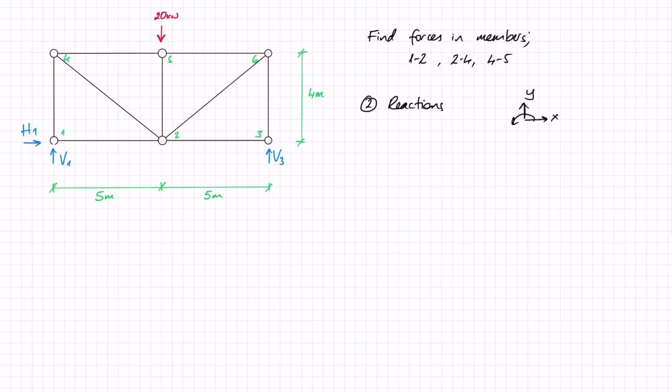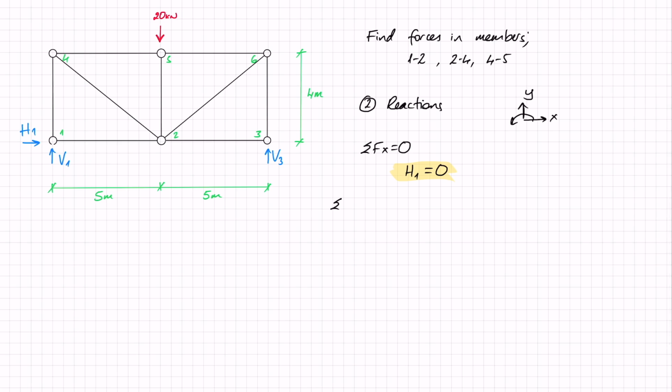After I've done that, I see that the easiest is to start off with the sum of forces in the x direction. In the x direction, I have H1, and I actually don't have any other forces, so that means that H1 is 0. I'll now move on to doing the sum of moments around joint 1. The reason that I'm choosing joint 1 is because I see that V1 and H1 pass through that joint, and therefore they won't contribute to moment.